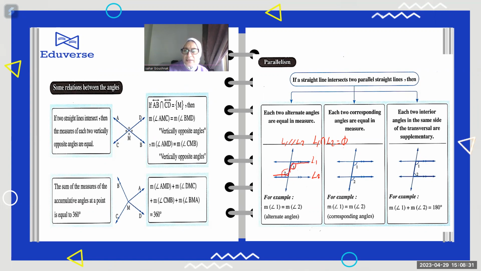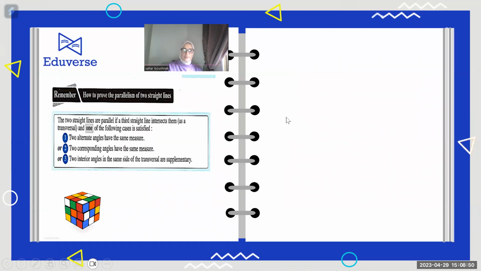The two alternate angles are equal in measure if I have the letter Z, and the two corresponding angles, if I have the letter F, are also equal in measure. And with the letter C or U, I can find the interior angles, which are supplementary, and the sum of them is 180 degrees.